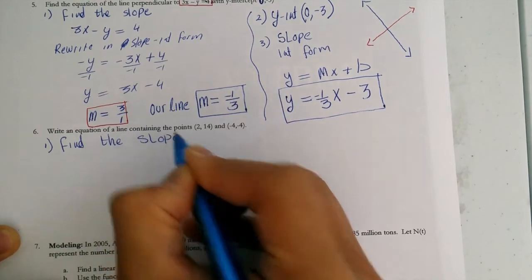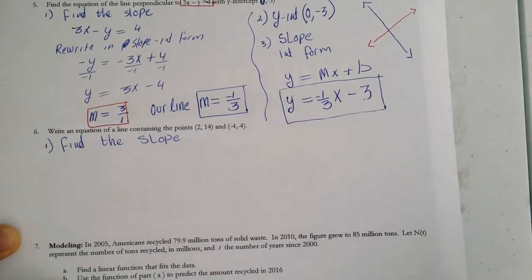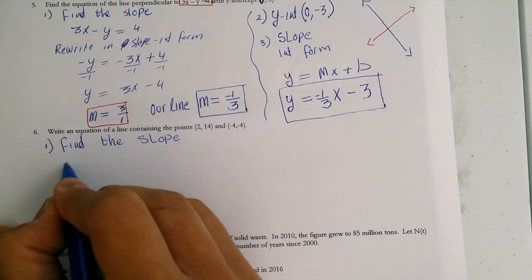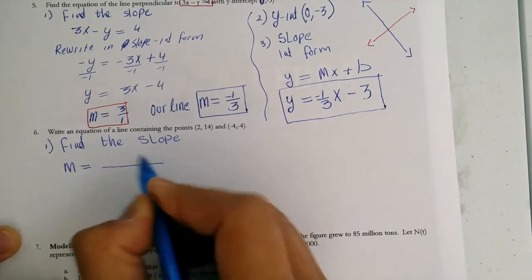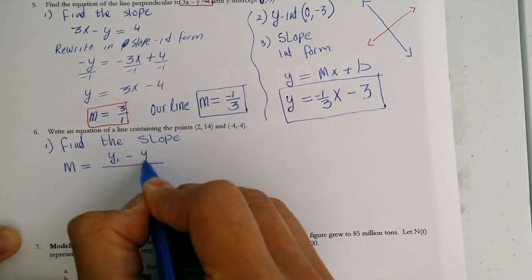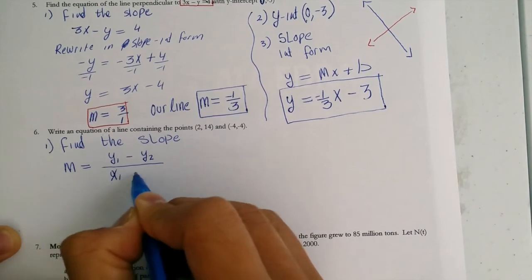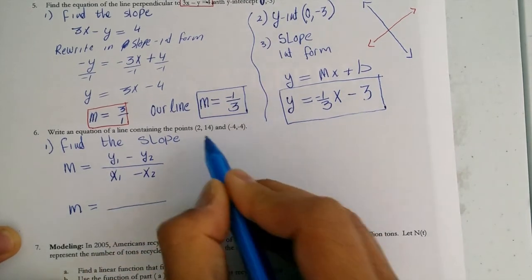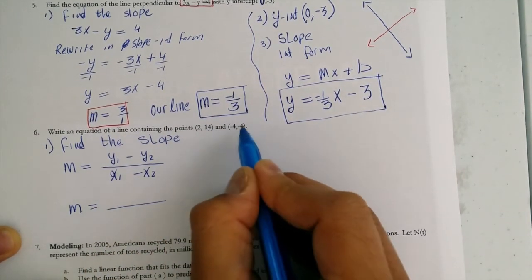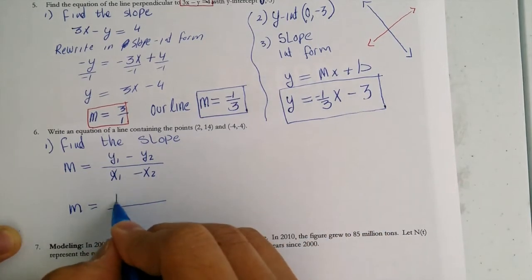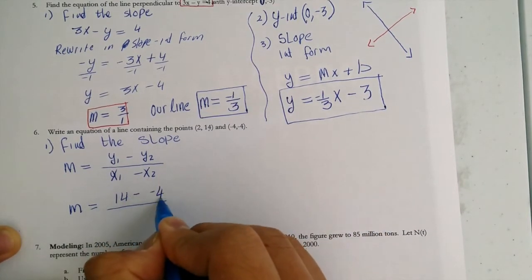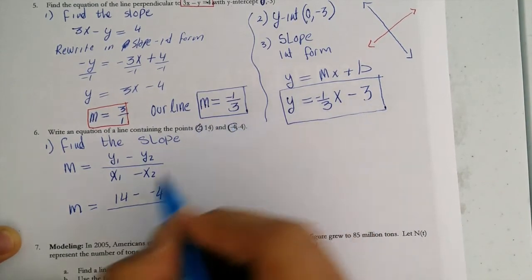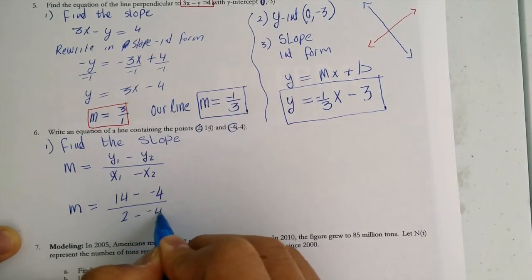Now, depending on the situation, the way to find the slope will vary depending on what's given. Because we're given 2 points, to find the slope we're going to use the slope formula for 2 points. Remember this formula? Go ahead and plug in the numbers accordingly: y1 minus y2 over x1 minus x2.